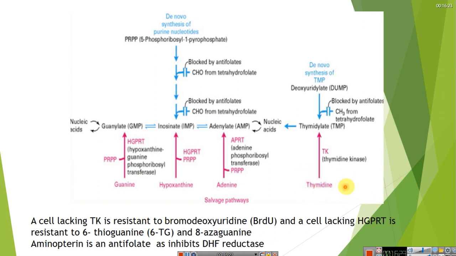For thymidine conversion to thymidylate, thymidine kinase is required, right? And for conversion of hypoxanthine to inosinate, the HGPRT enzyme is required. So if you inhibit thymidine kinase and HGPRT, then what will happen? The salvage pathway won't be possible, right?